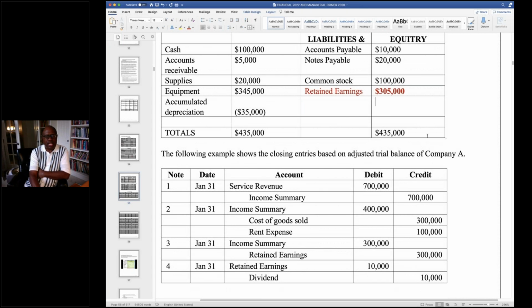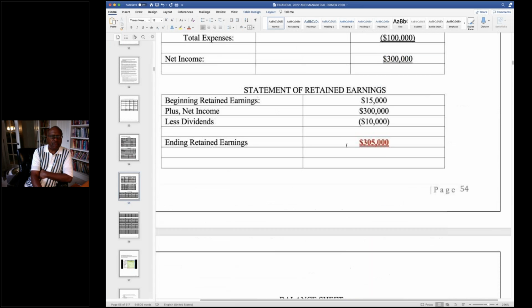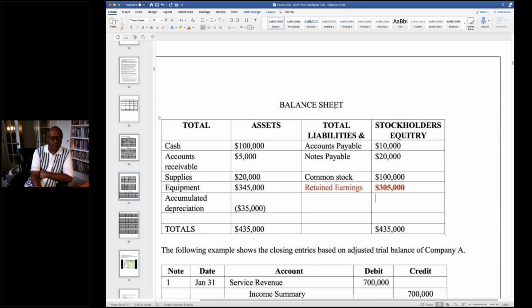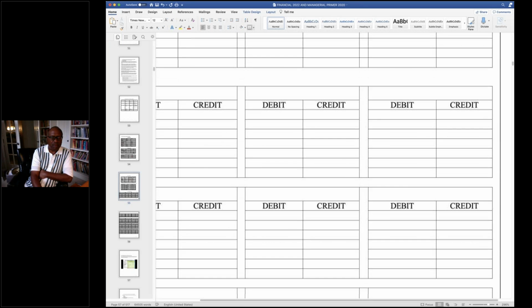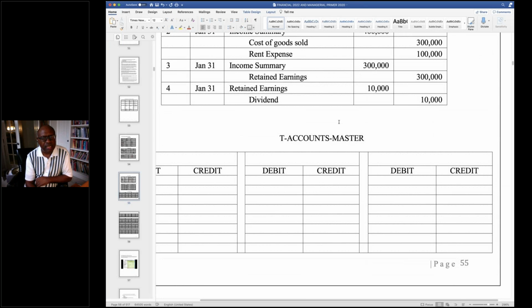Then let's look at the closing entries. In the first one, we debit service revenue and credit income summary. So we're closing out what? The revenue. Erased all of these out. So we have retained earnings here.